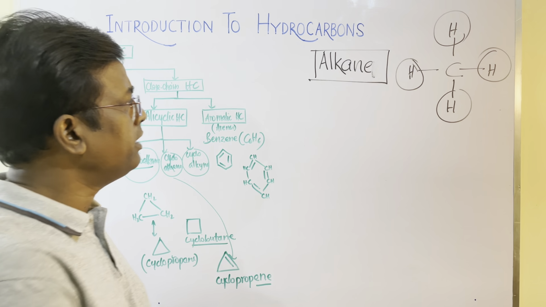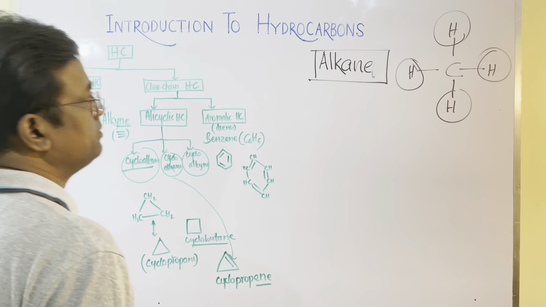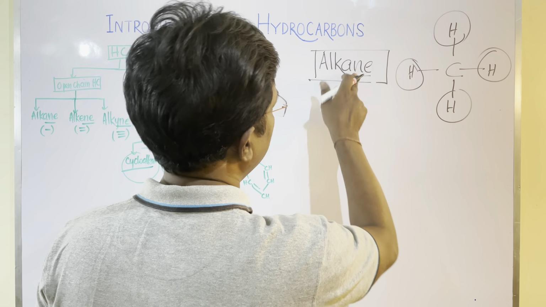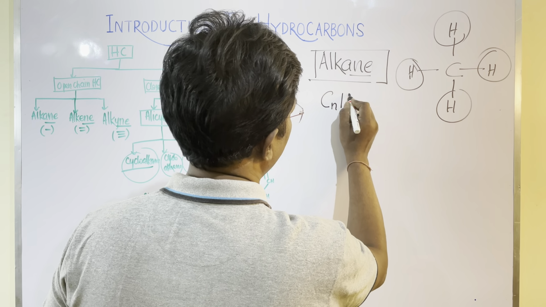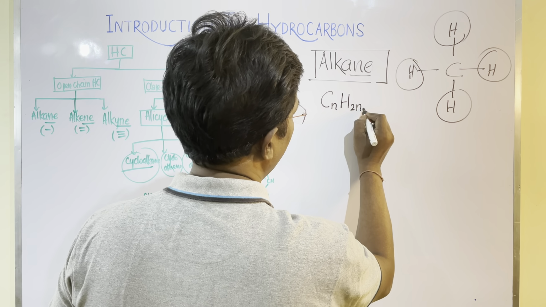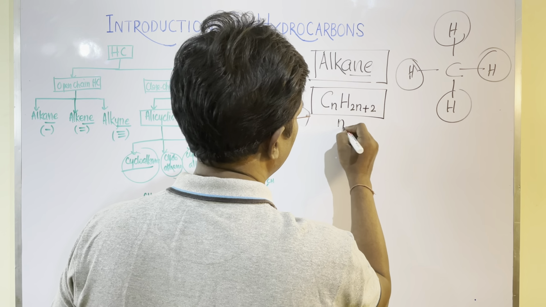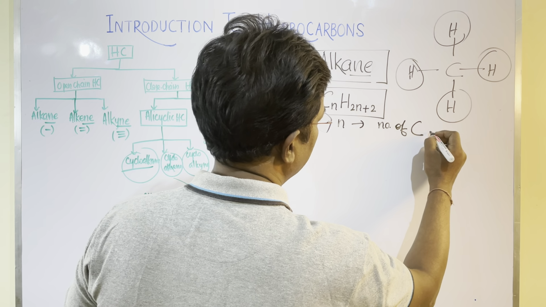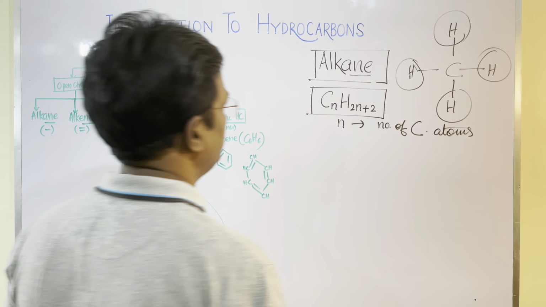And one more thing, alkane always contains single bonds. Now how can you detect that? The general formula for alkane is CnH2n+2. n represents the number of carbon atoms present in that molecule of the alkane.